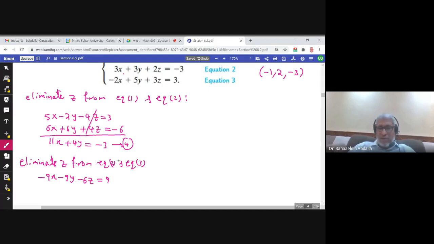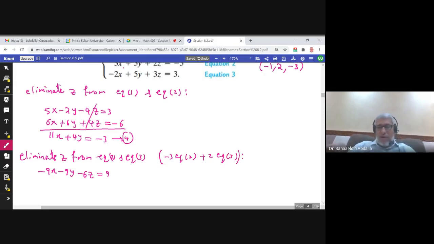You can tell him what's going on. You can say here -3 equation 2 plus 2 equation 3. Okay, you can tell him what you are going to do. Now, equation 3, I will multiply by 2. I will have -4x plus 10y plus 6z equals to 6.